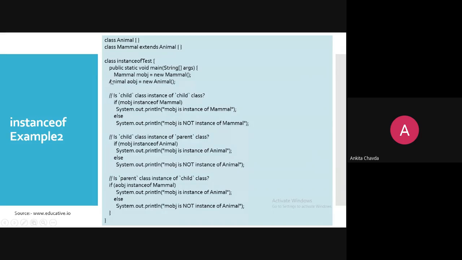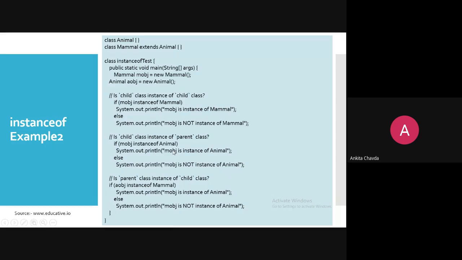So always your child class object is part of your parent class also, but the reverse is not true. So this is possible, that is perfectly fine. The m object is actually an instance of the Animal class, so it will print the line that m object is instance of Animal.